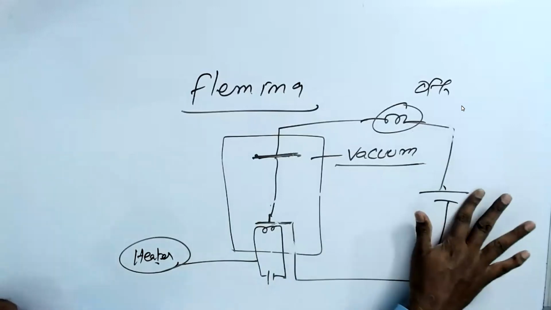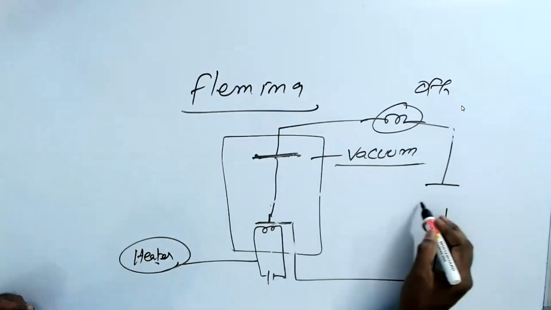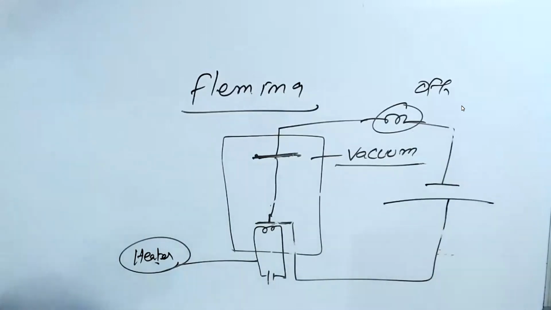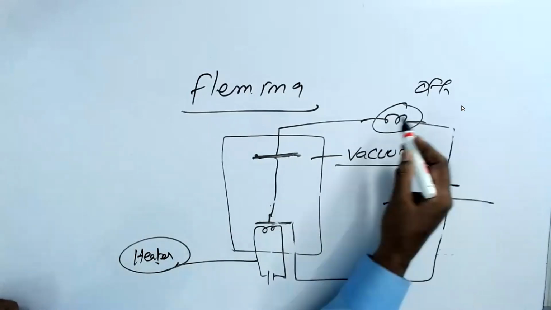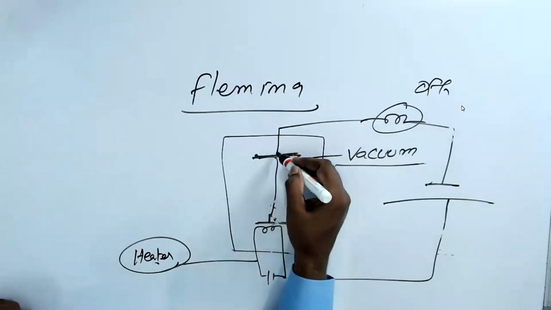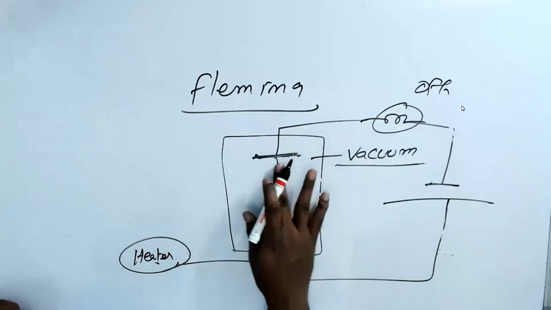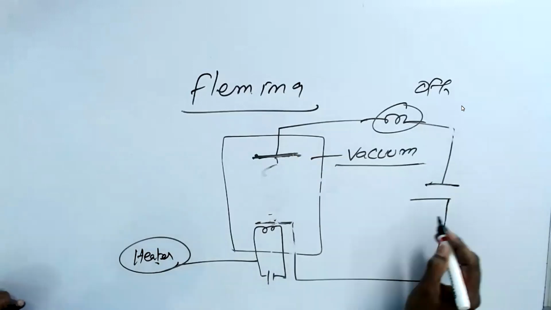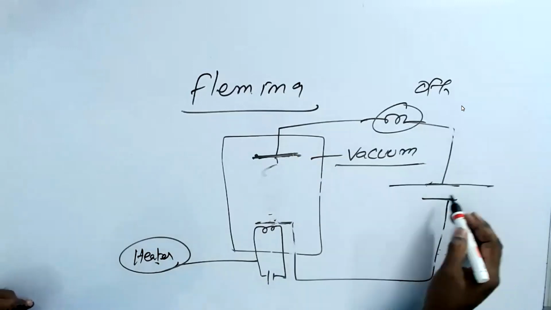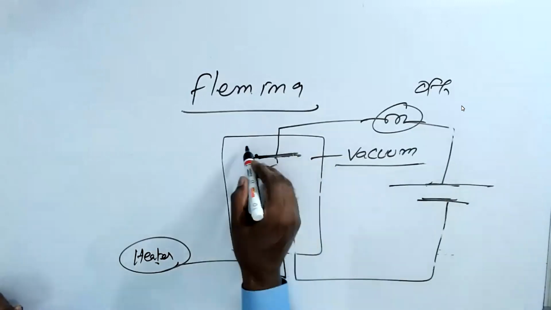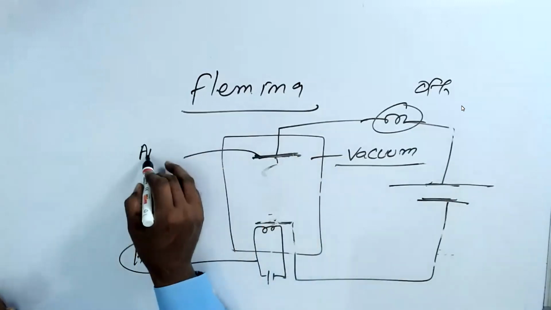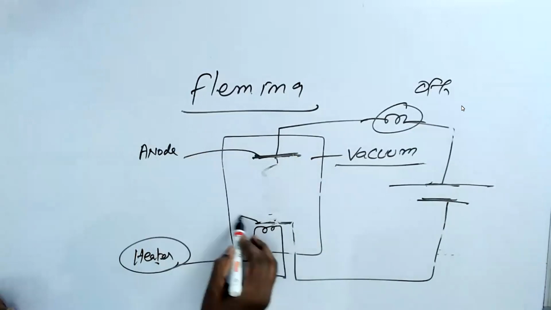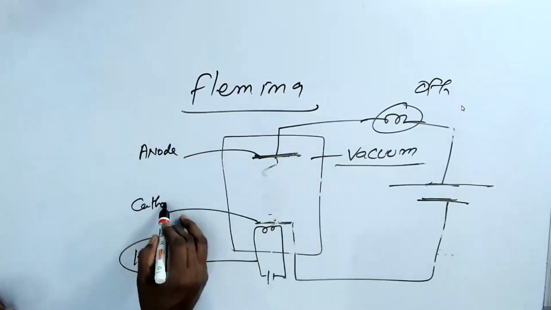But if you connect it the other way, then this one is negative, and this one also pushes electrons. Both push the electrons, so no current. Understand here, I need to connect only one way. This is called the anode, and he called this the cathode.